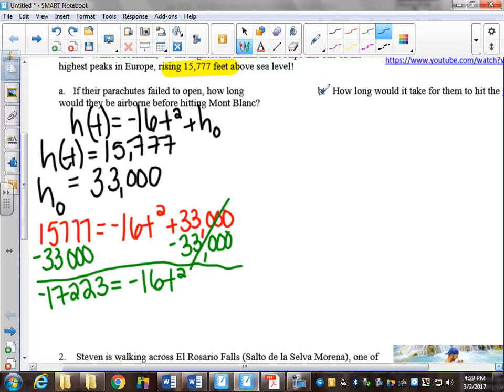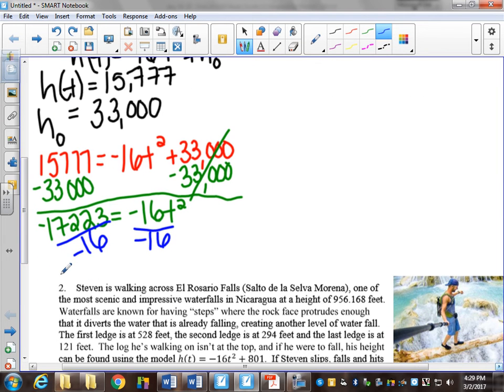Our next step is to get rid of this negative 16, so we're going to divide both sides by negative 16. This divides out to 1,076.44 equals t squared.